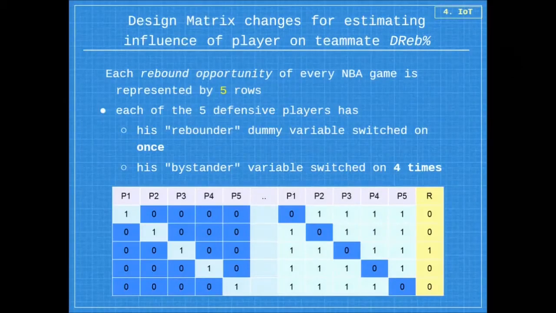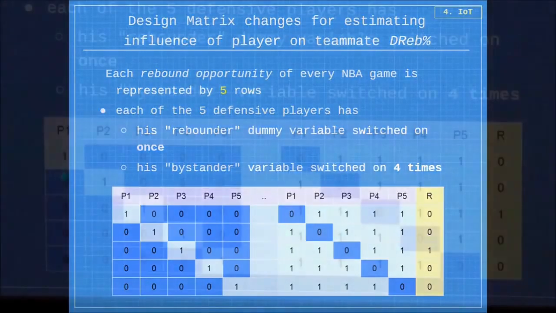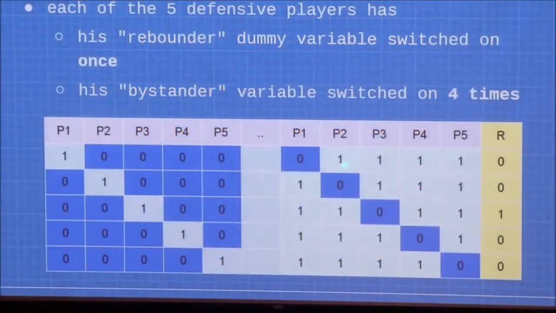Each player is a potential rebounder once, and each of his 4 teammates are bystanders while this guy could potentially grab the rebound. In this particular scenario, only player 3 actually grabs the rebound, so his results vector gets a 1, while everybody else does not grab the rebound. There's only 1 rebound, obviously, and these guys did not grab the rebound.